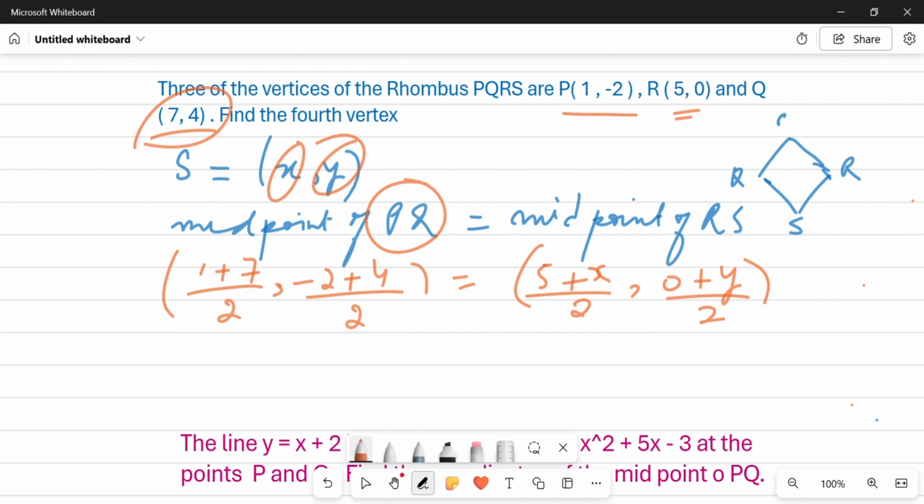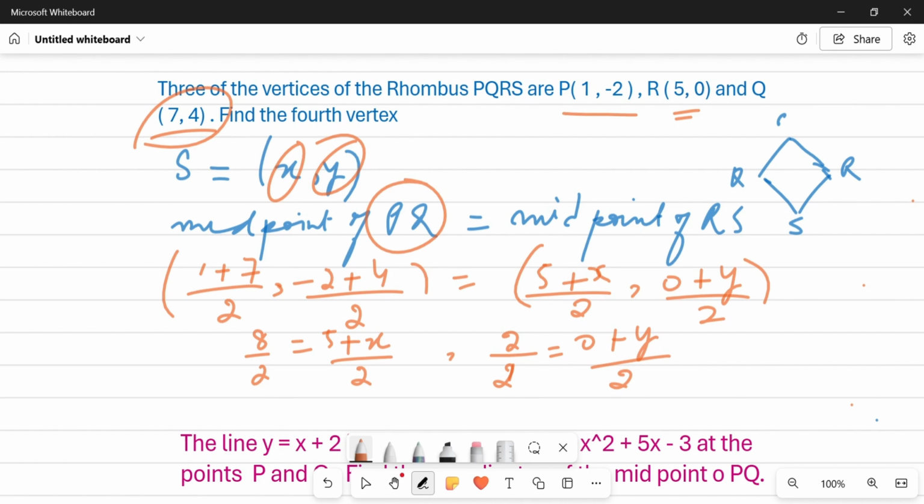Now how are you going to solve the x coordinates with x, right? So -1 plus 7, I'm doing it directly, it's better to do it. -1 plus 7 gives you 6 over 2, equals 5 plus x over 2, because these are the x coordinates, and then -2 plus 4 over 2 gives you 2 over 2, equals 0 plus y over 2.